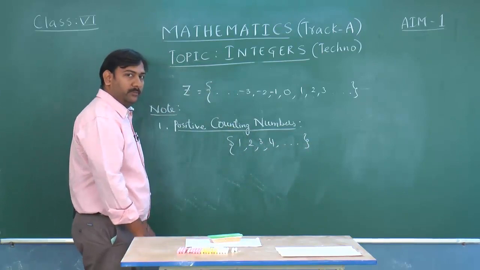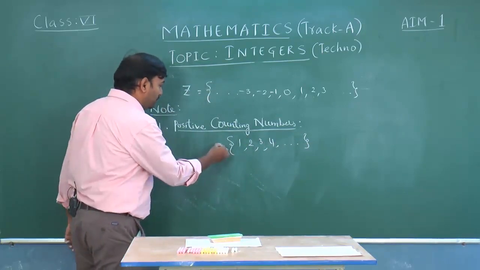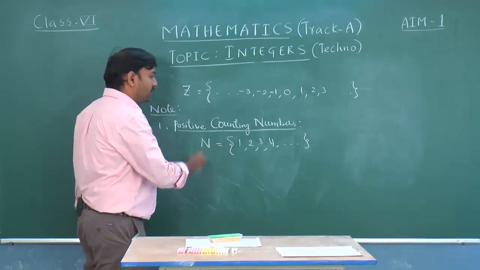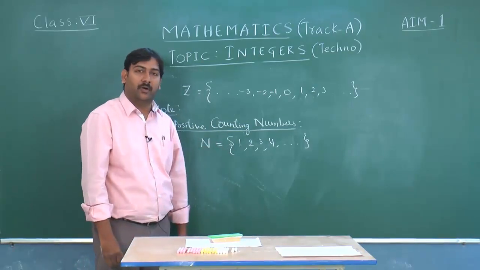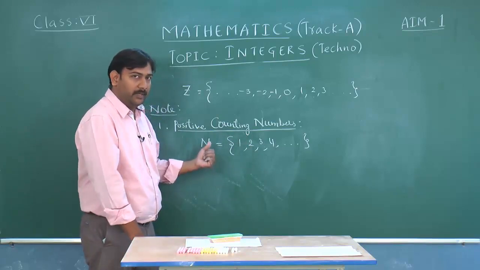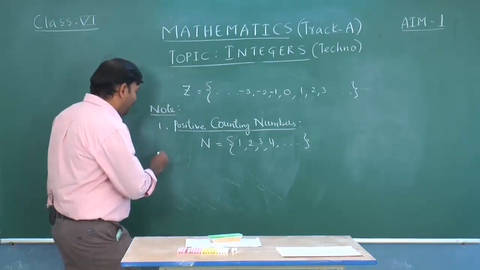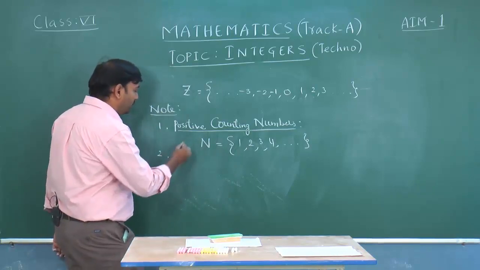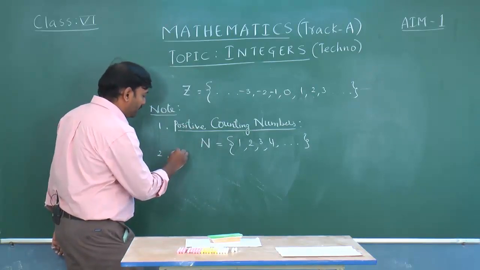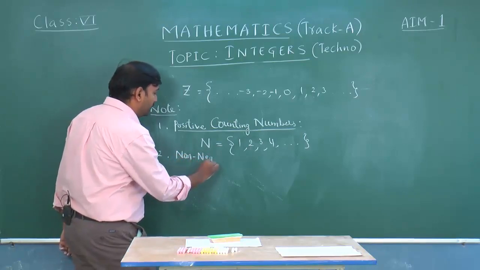We have already discussed that these form the set of natural numbers, because these are the numbers which we generally use naturally to count things. So this set of positive counting numbers is indicated by N. N indicates the set of natural numbers. And if I include the 0 into it, we get the non-negative counting numbers.